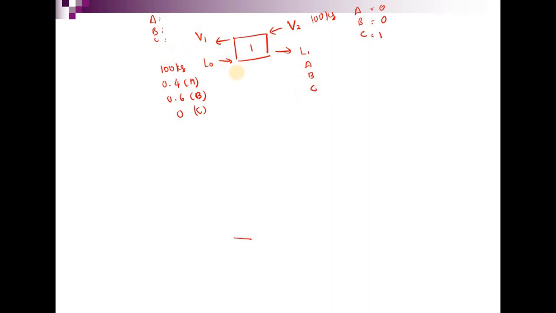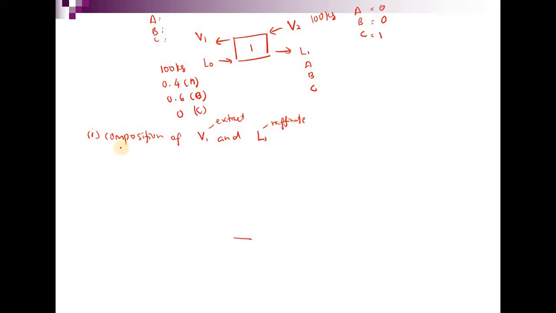The first question is to find the composition of extract and raffinate, meaning V1 and L1. So this is extract, this is raffinate.